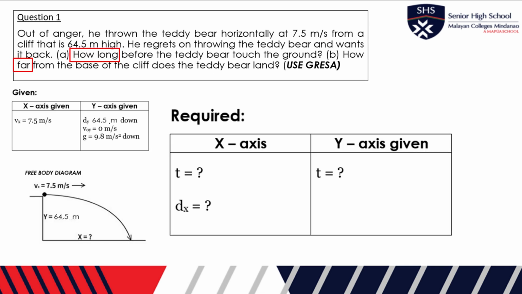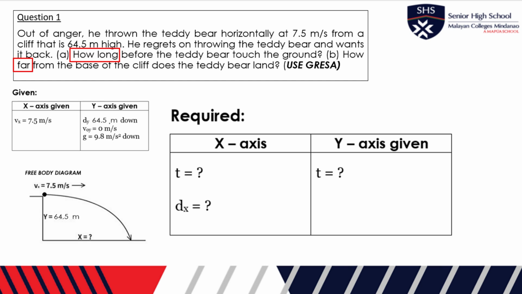Speaking of the required, we have here the required in letter A and letter B. Letter A says, how long before the teddy bear touched the ground? Since we're talking about how long, it pertains to time. And since time is independent of the x and y axes, we need to put t for each axis.